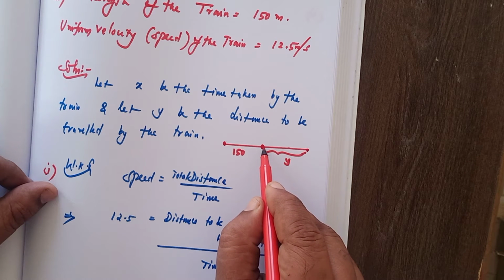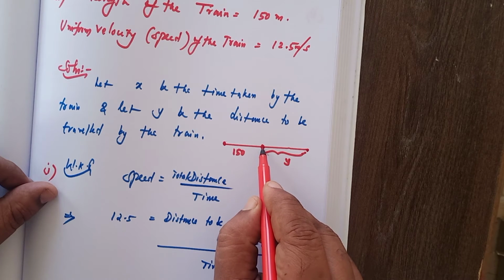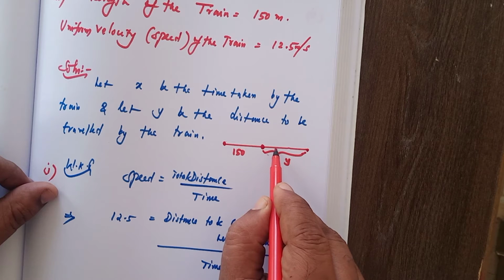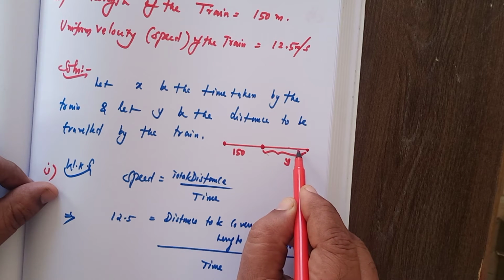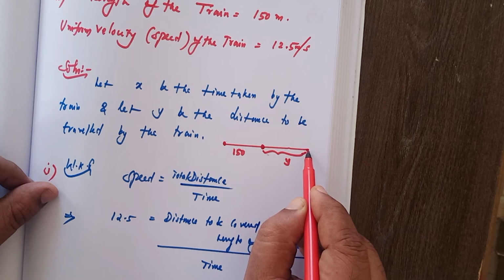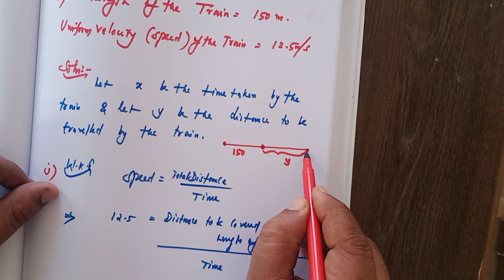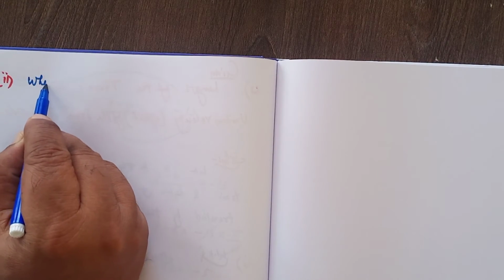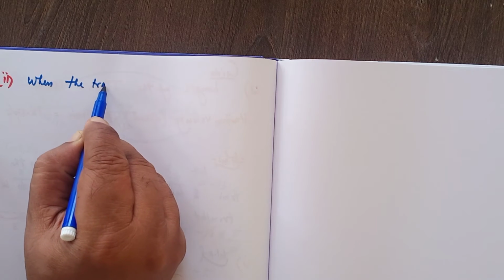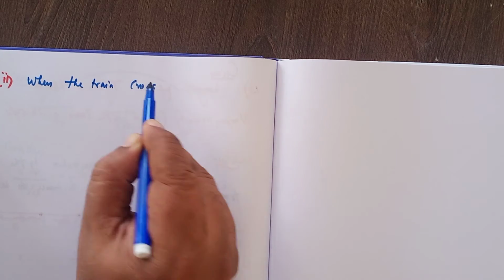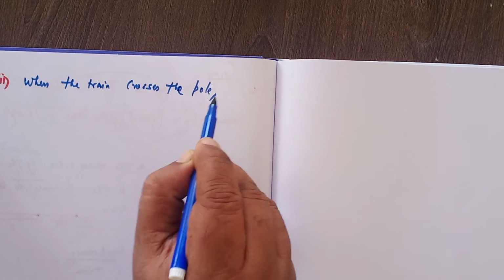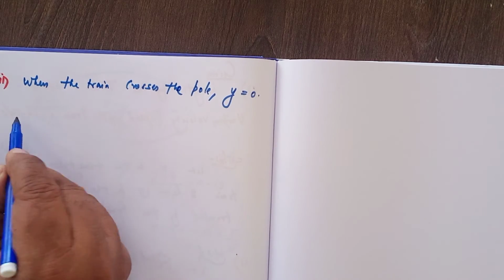When the engine is at that place, y, that is the distance, suppose the train is moving now, automatically the y will be reducing. When it touches this place, y will be 0. So when the train crosses the pole, y becomes 0.